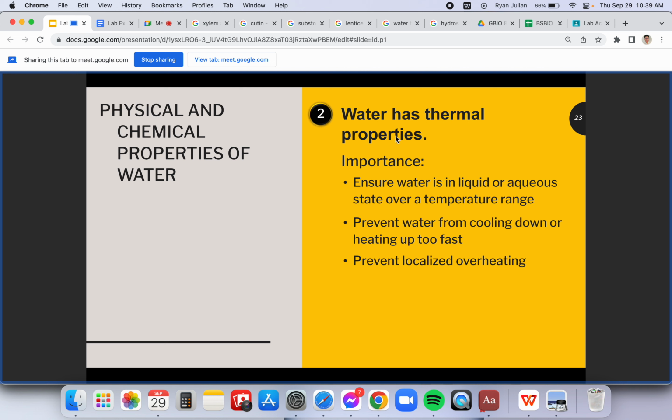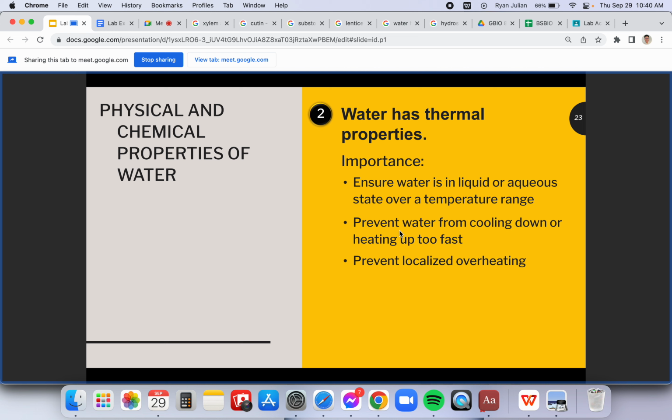So let's talk about its importance. Thermal properties ensure water is in liquid or aqueous state over a temperate range. When we say liquid, it will remain in its equilibrium no matter what activity might befall the water. It will not change, it will remain stagnant.